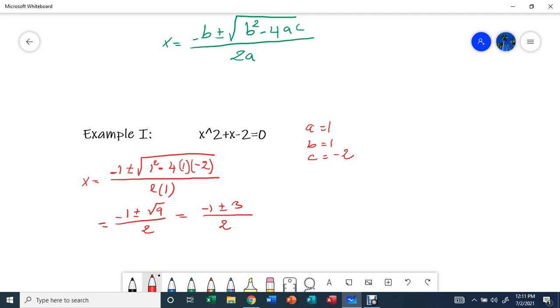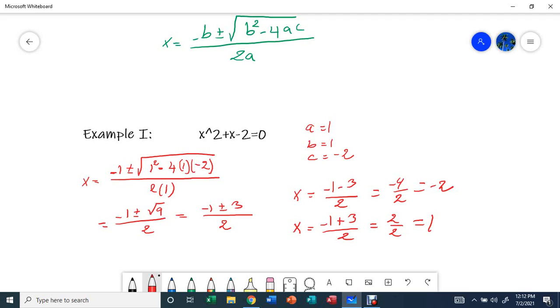So the first solution is x equals -1 minus 3 divided by 2. So that's -4 divided by 2, which is -2. Second solution is x equals -1 plus 3 divided by 2, which is 2 divided by 2, and that's 1. So the solution of this equation is -2 and 1.